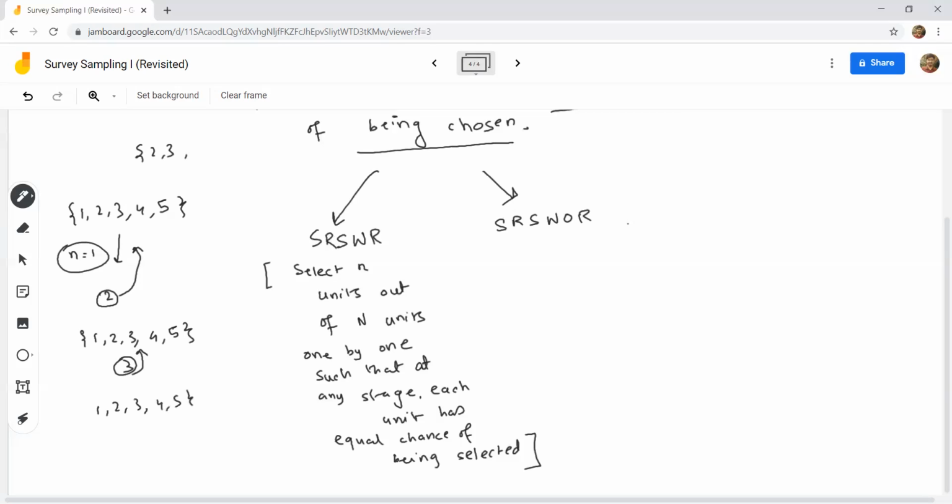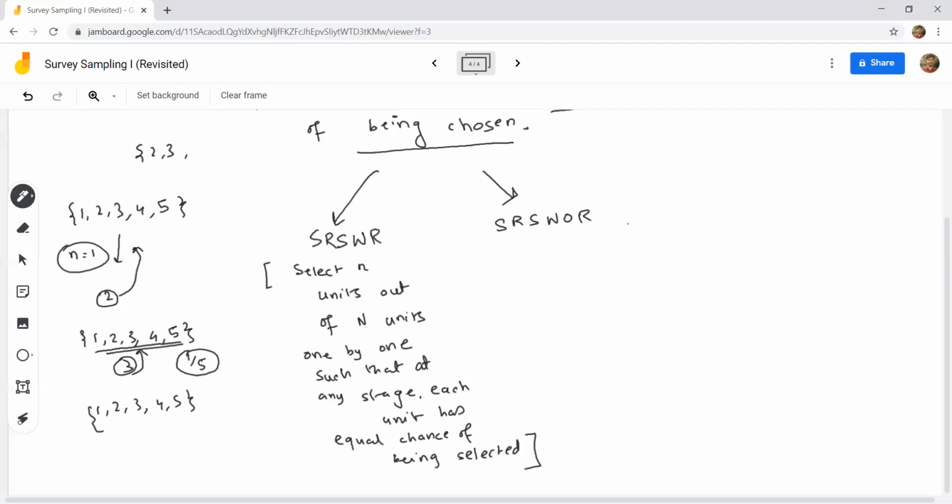So again, I have 1, 2, 3, 4, 5. So at any stage, you are drawing out of capital N many elements. In this case, capital N is 5. So the probability of drawing any element is 1 by 5, which is equal, right? Because you are always replacing it back into the population. So it is implicit here that it always has an equal chance of being selected every time.